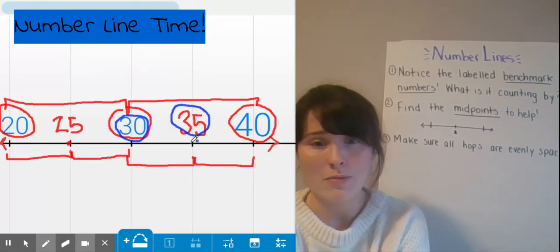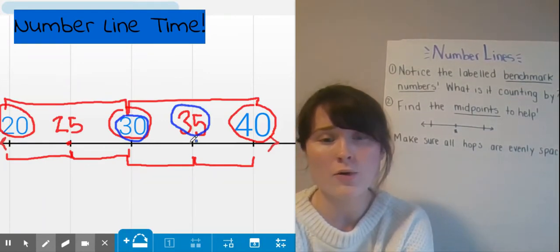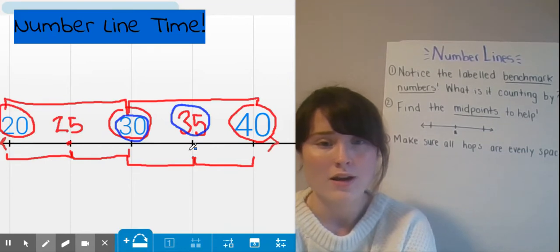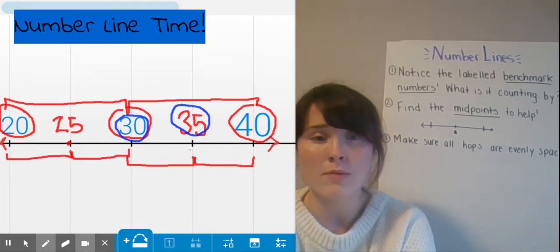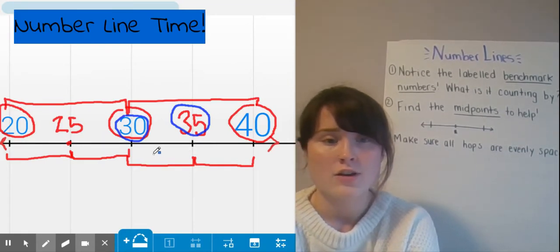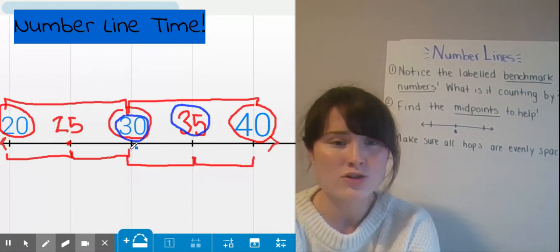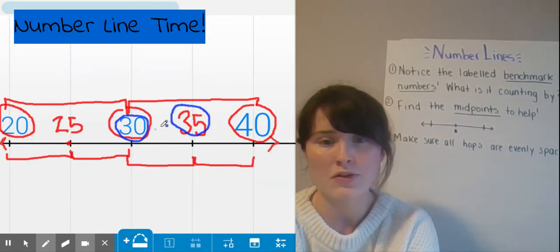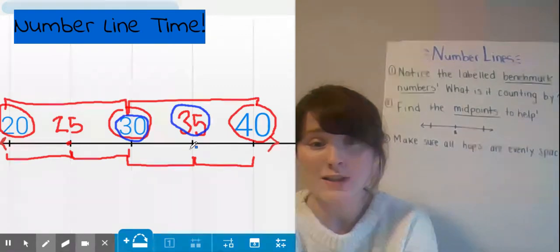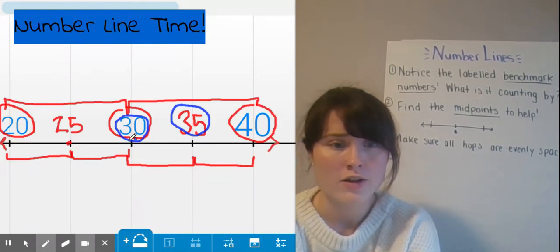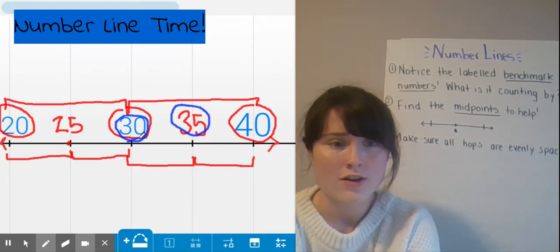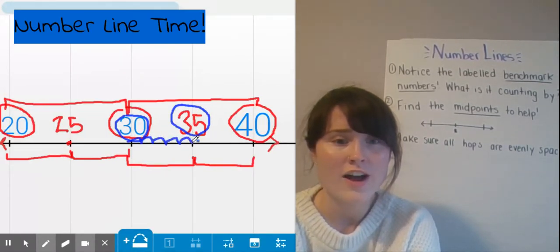I'm glad I labeled the midpoint because I know it's not going to be past this midpoint because 32 is smaller than 35. So I'm going to go ahead and show my 5 hops between 30 and 35 and see where 32 would fall. So this is 30, 31, 32, 33, 34, 35.